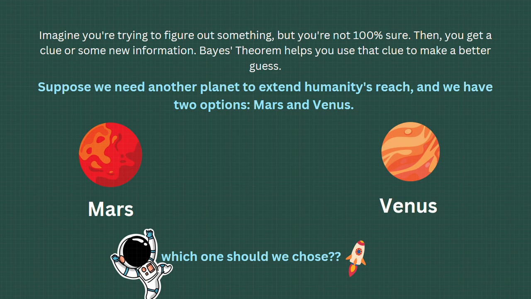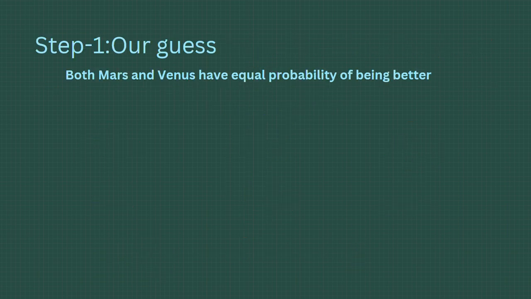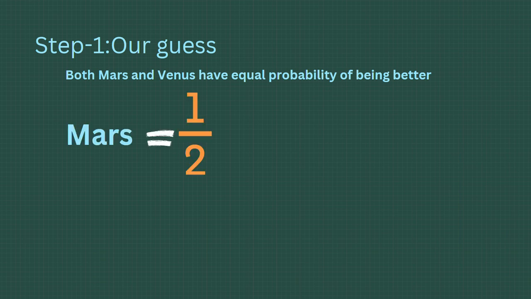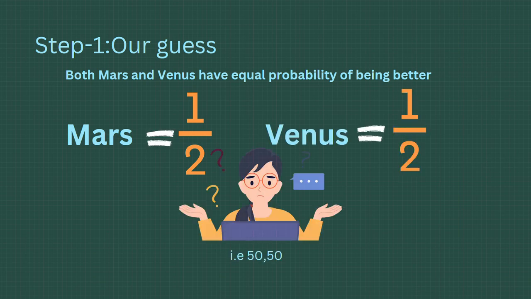We are confused because both Mars and Venus might have possibilities, and so we have a 50-50% chance of choosing. So here comes Bayes theorem, and first we will guess both Mars and Venus have equal probability of being better. Mars is 1 by 2, Venus is also 1 by 2, that is a 50-50% chance, and we are still confused which to choose.